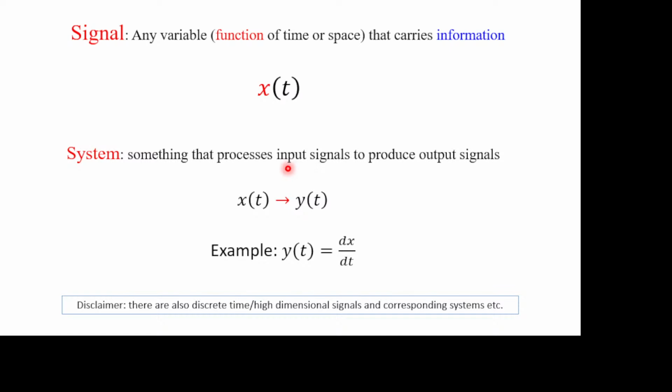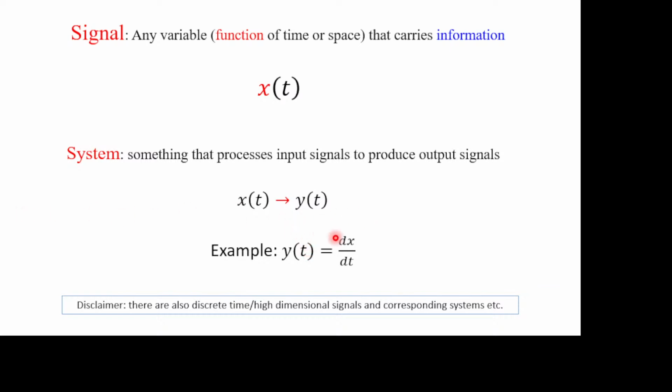And anyway, back to system. An example of a system is y of t is the differentiation of x of t. So y of t equal to dx/dt is a system because whatever input signal x of t you have, you can calculate this dx/dt to know your output signal.